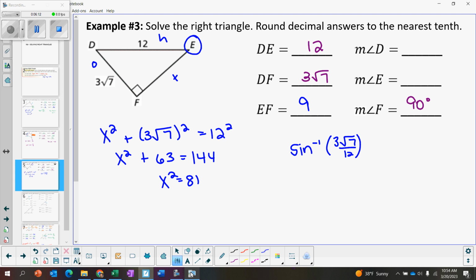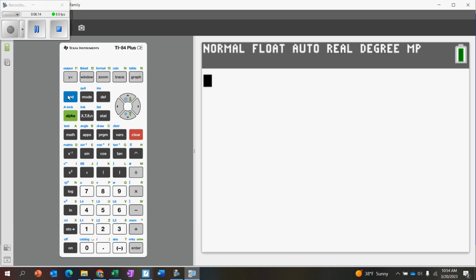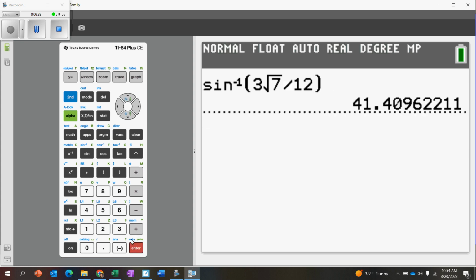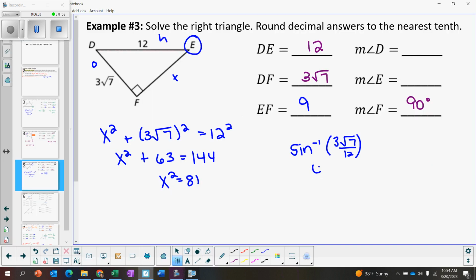You might have to, let's say, inverse sine of 3 square root 7 over 12. All right, that's good. So 41.4. So that was angle E. And we could do 90 minus 41.4, and we get 48.6 for the measure of angle D.